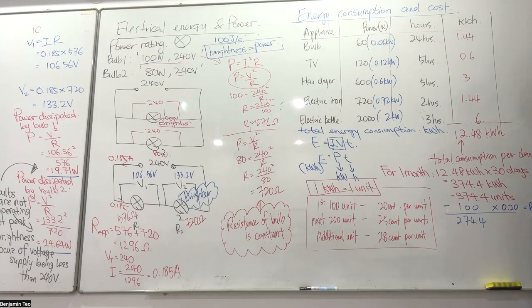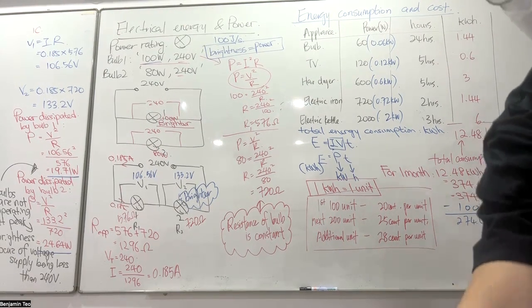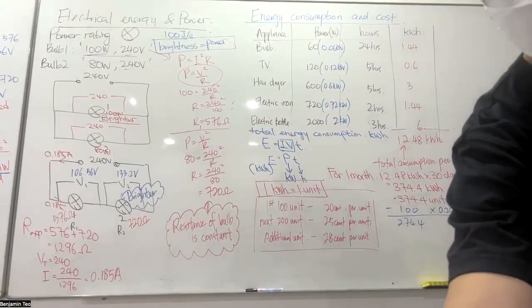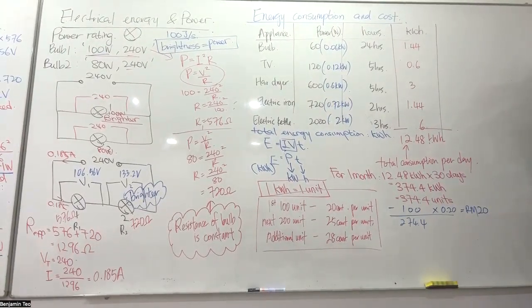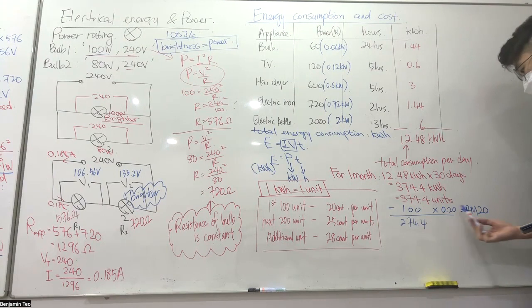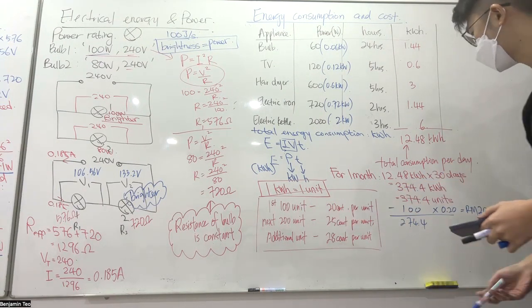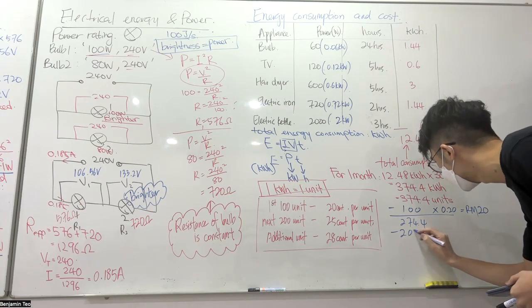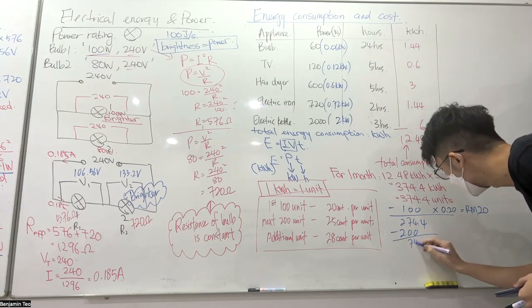Then the balance 274 minus the next 200, we get 74.4.